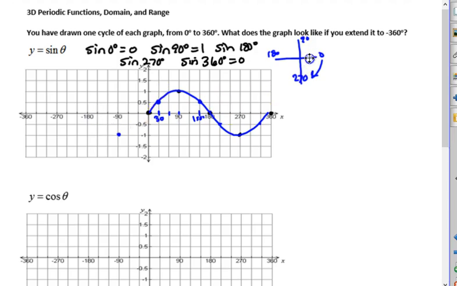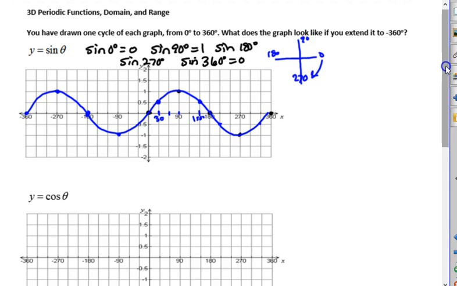And then negative 180 is the same as positive 180, so we're back to 0. Negative 270 is the same as 90, which is positive 1. And then, of course, negative 360 is the same as positive 360. So we're going to go down, curving nicely, and then back up like this. Okay, so there are two cycles of the graph.